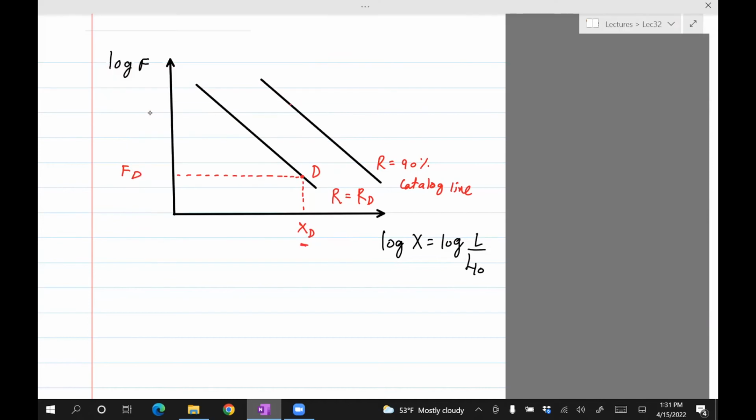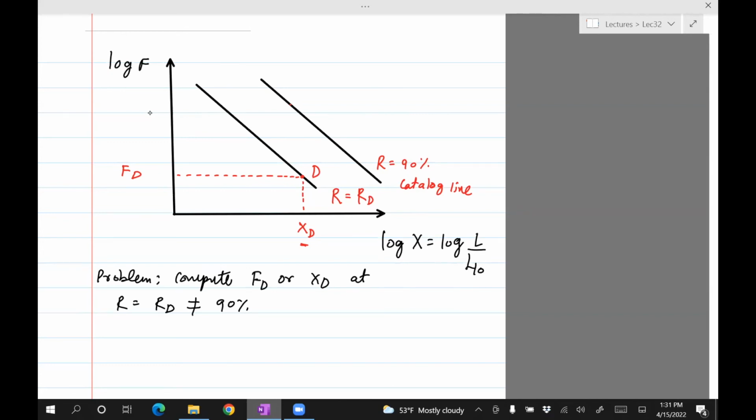We write that down. Problem is compute FD or XD at R equals RD not equal to 90%. Okay, so it could be 95, 99, whatever.